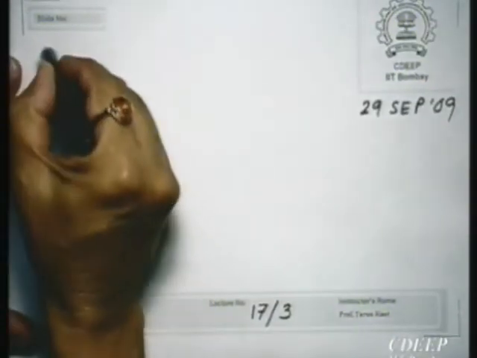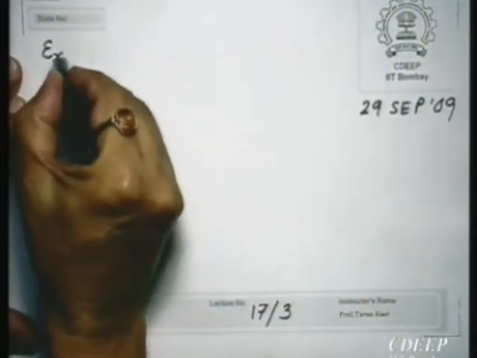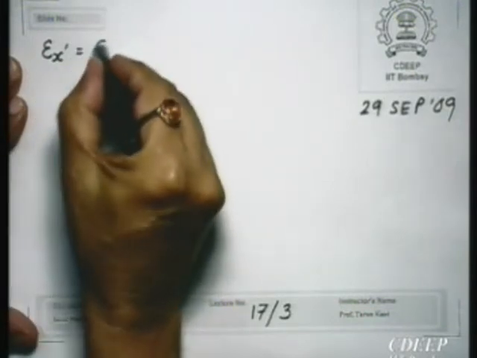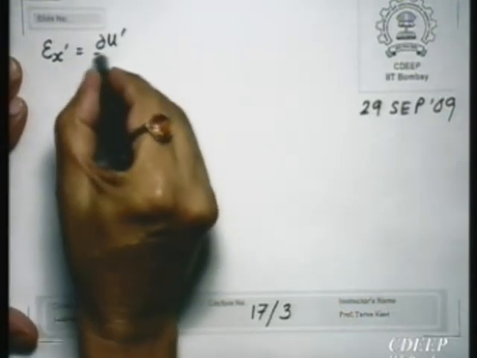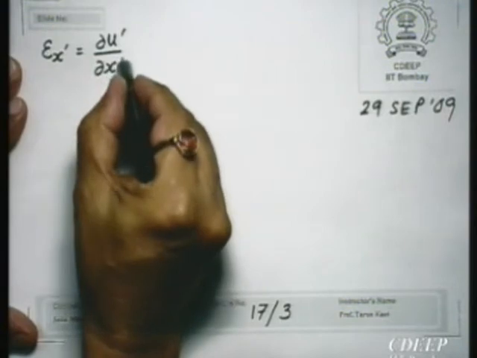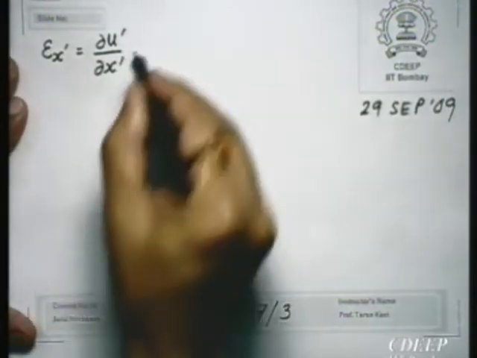Again a little bit of your differential calculus. This is okay. du dash by dx dash, this is correct. Now, since I can write the chain rule of differentiation, I want to write du dash by dx dash with reference to x and y.